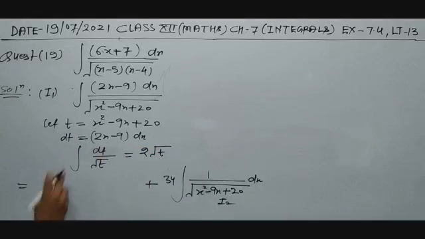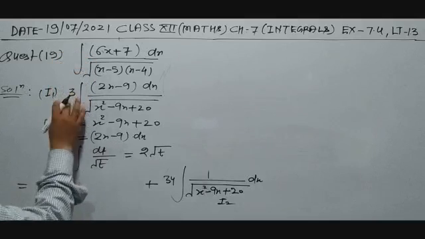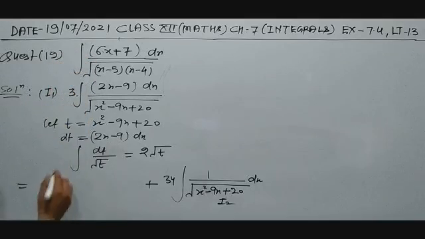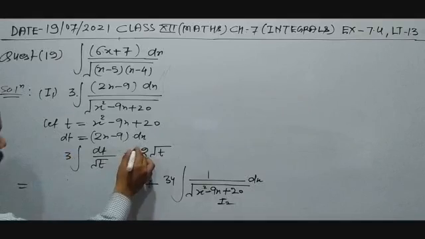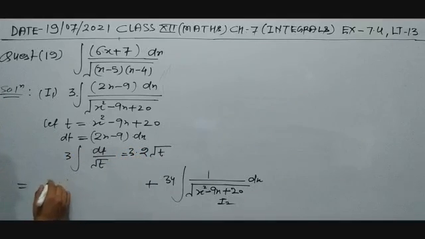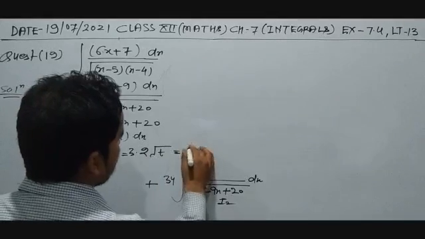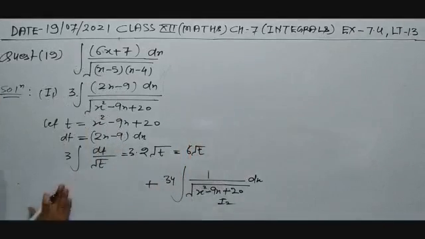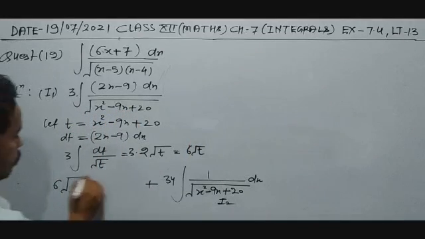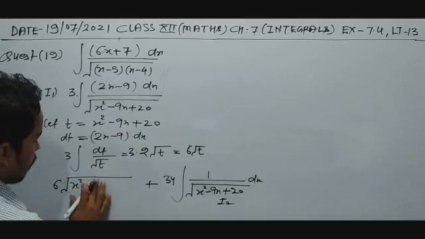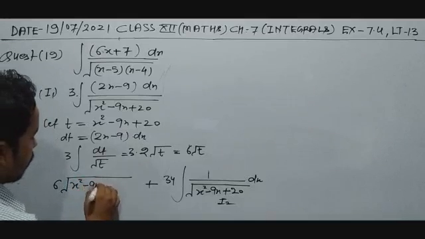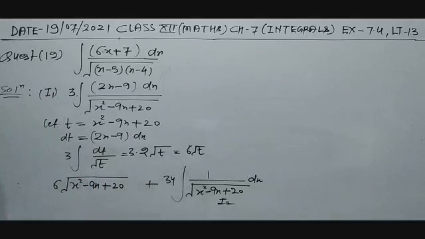We have the factor 3 multiplied with it, so the first integral result will be 6 times root t, and the t value is x² − 9x + 20. So 6 times root over x² − 9x + 20 is the answer of the first integral.